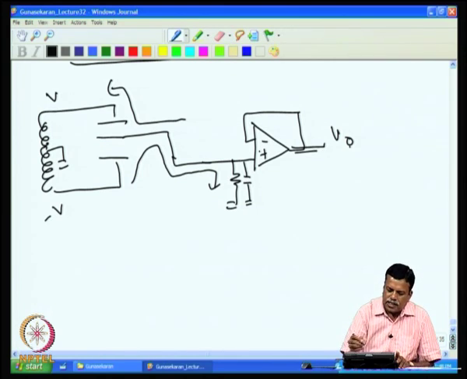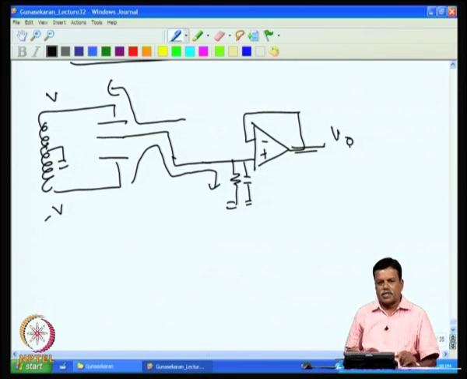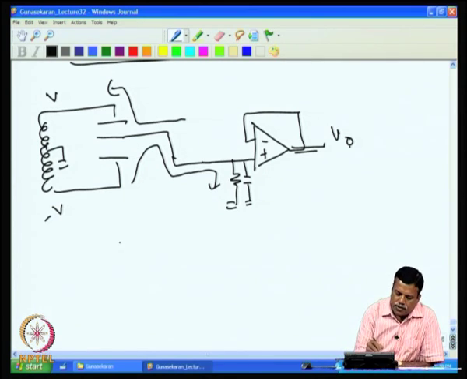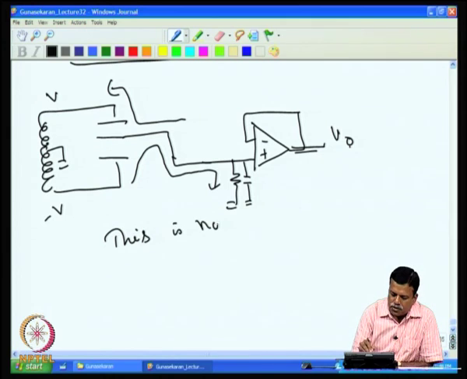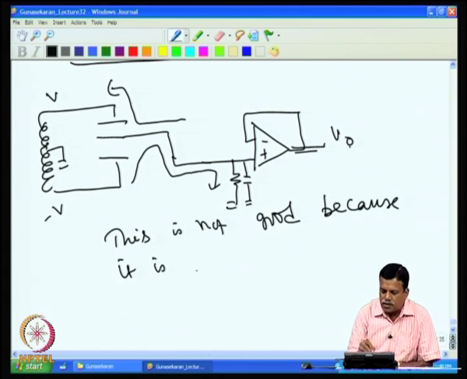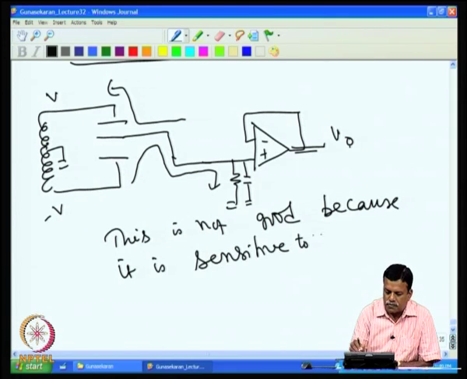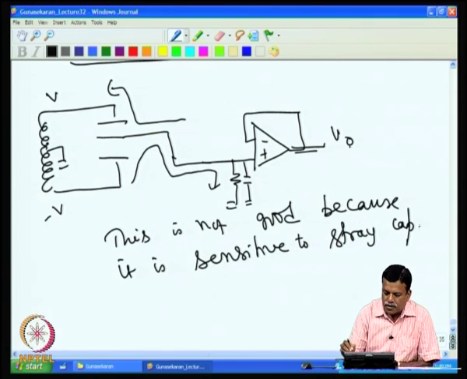So, this technique is not accurate, because it is sensitive to stray capacitances. This is not good, because it is sensitive to stray caps.